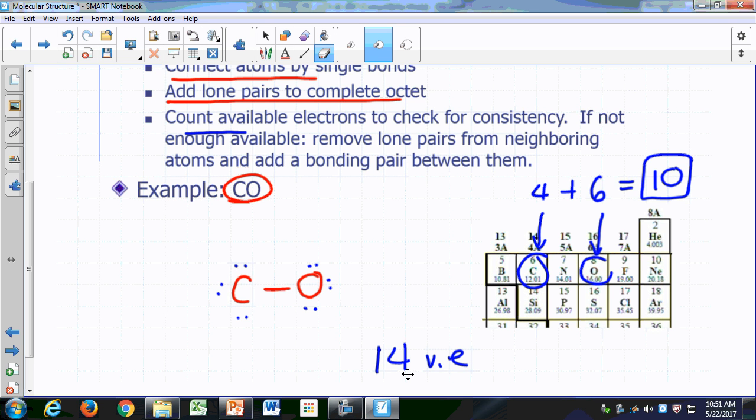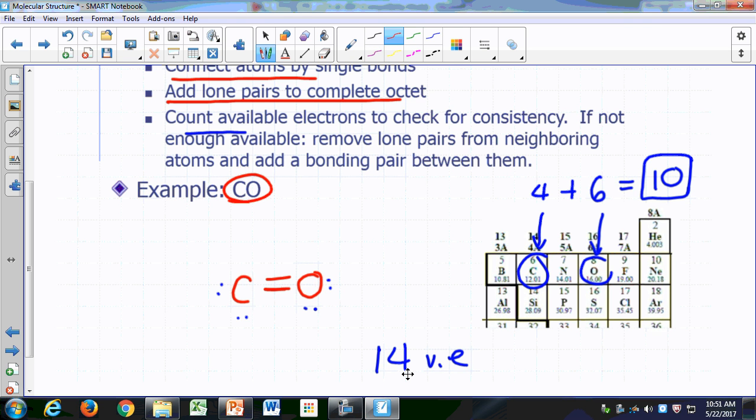If you don't have enough, then you do more sharing. Okay? So if you do more sharing, you can remove a lone pair from each of the 2 atoms. So I'm going to take out 1 lone pair here and 1 lone pair here and add a bonding pair between them instead. So I now have a double bond. See, I remove 2 pairs and then I replace them with just 1 pair.